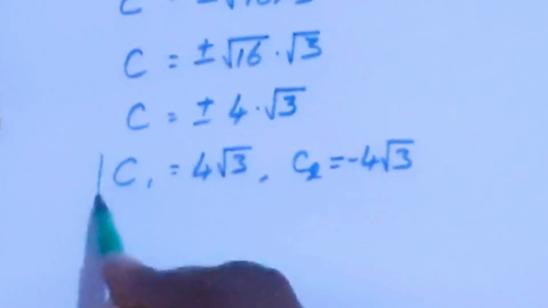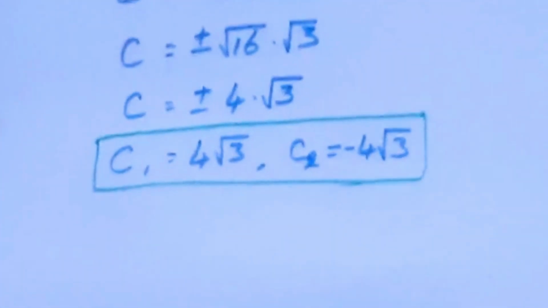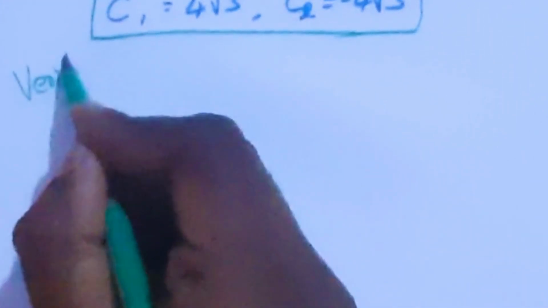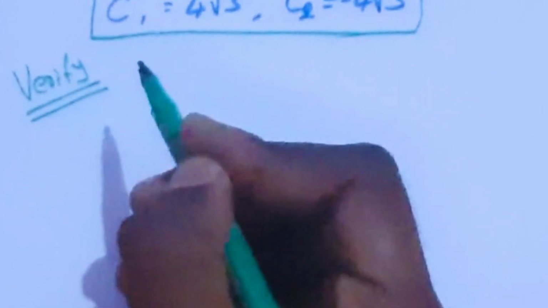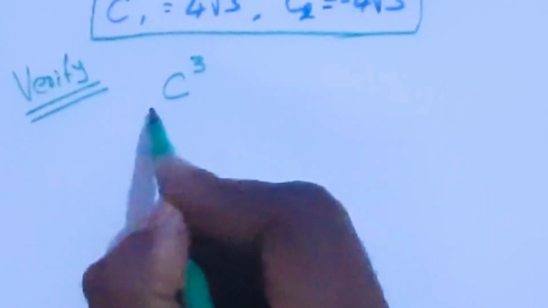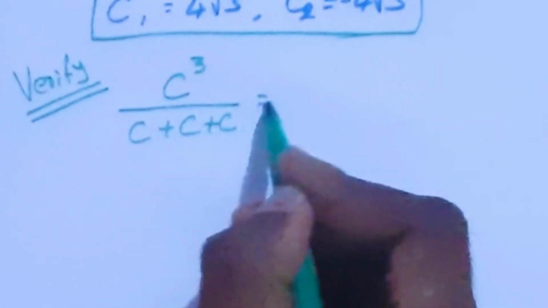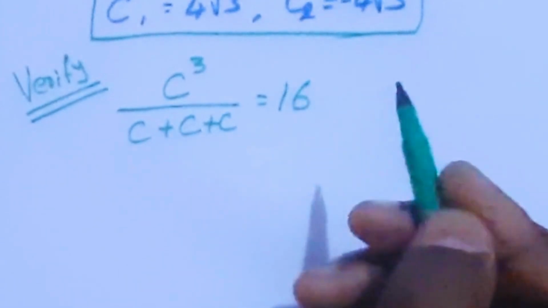Now we are going to verify this. Verify: C to the power of 3 by C plus C plus C equals 16. Now we are going to apply this C1 here, that is 4 square root of 3.